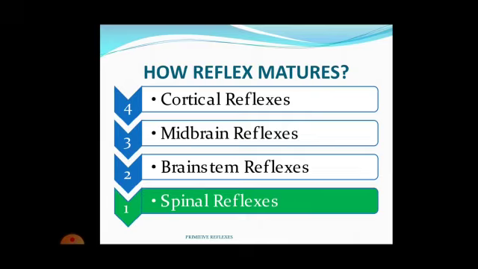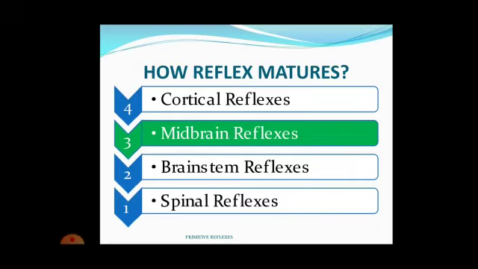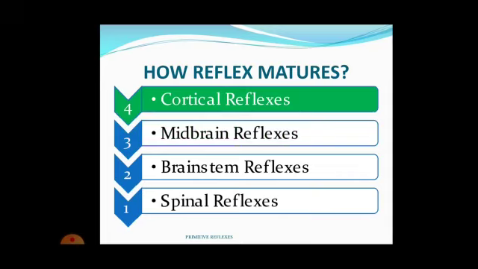As the baby advances in age and maturation occurs, the spinal reflexes will disappear and brainstem reflexes will appear. With more development, the brainstem reflexes will disappear and midbrain reflexes will appear, and in the same pattern midbrain reflexes will disappear and cortical reflexes will appear. So let us start in this order.